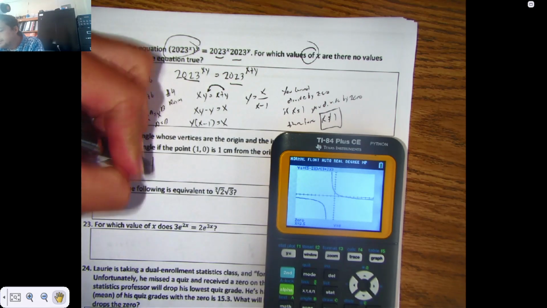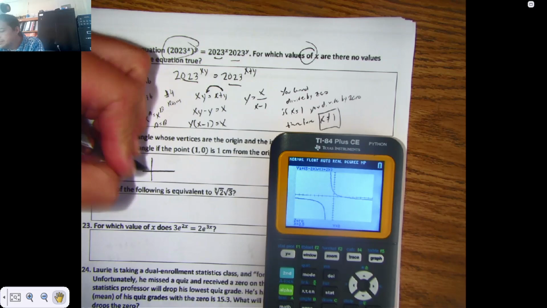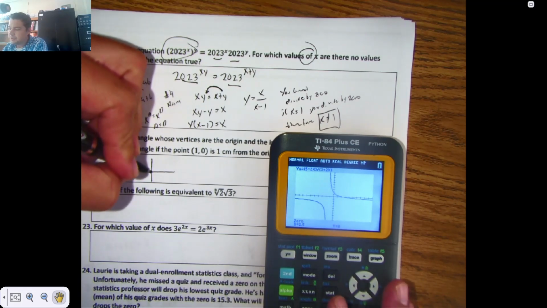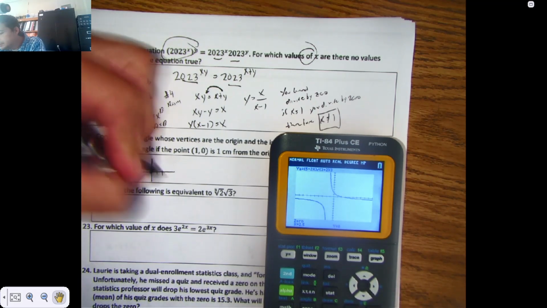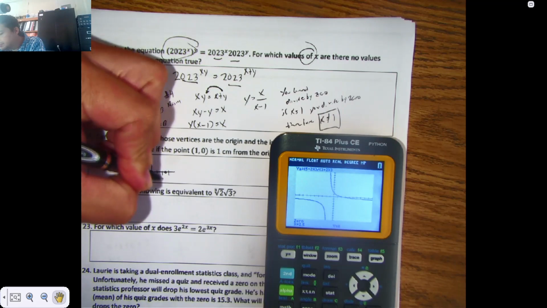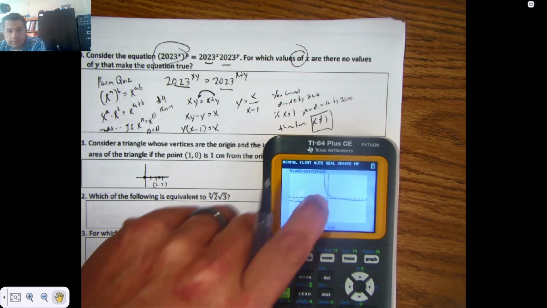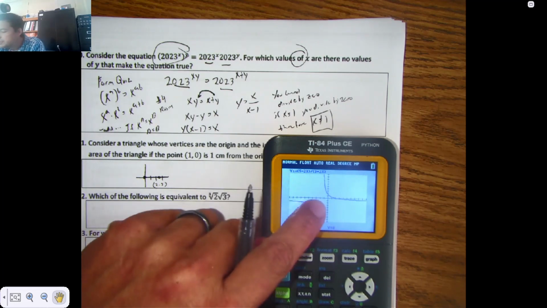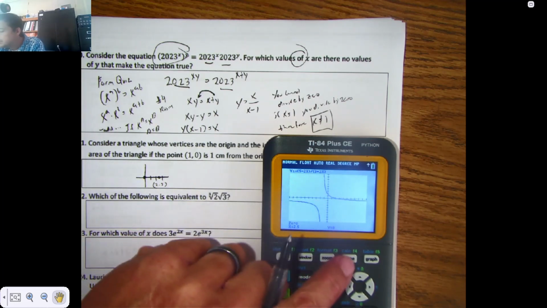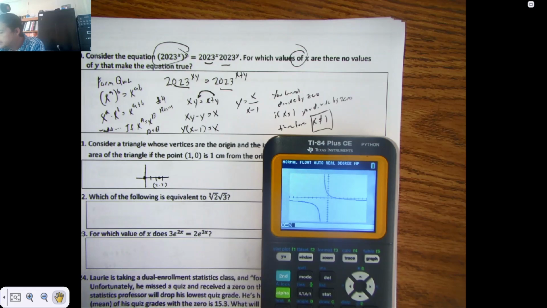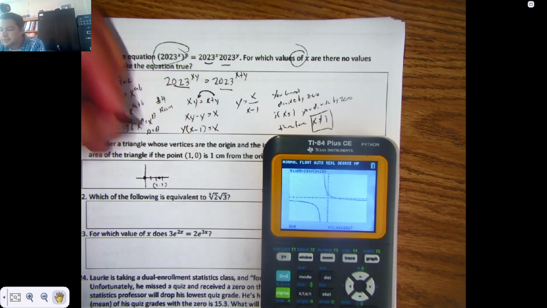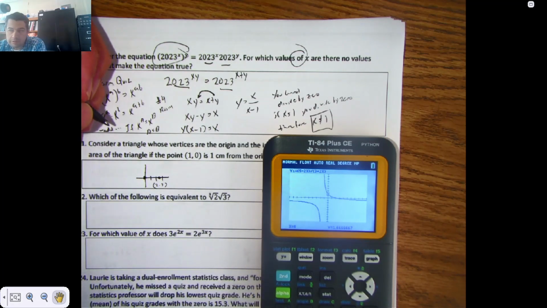So if I think about this thing on a grid, I've got a vertex at the origin. There is 2.5, 0. And right here is the y-intercept, and that happens when x is 0. So second trace, value, x is 0, 1.666, or 1 and 2/3, or maybe 5/3.